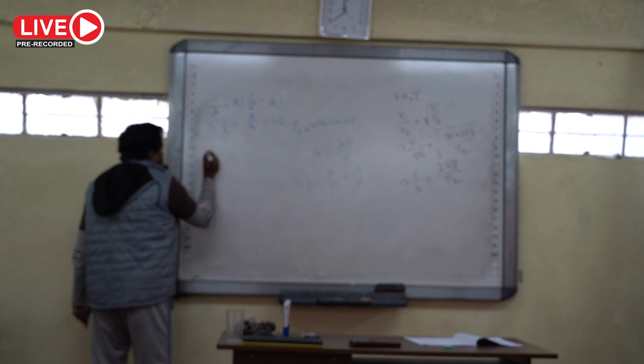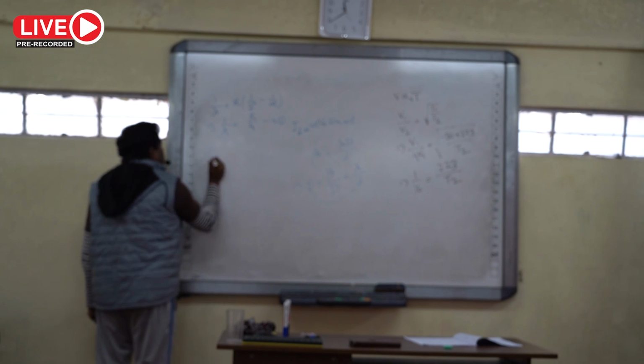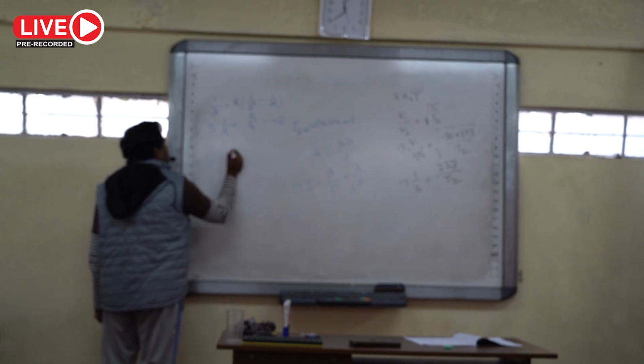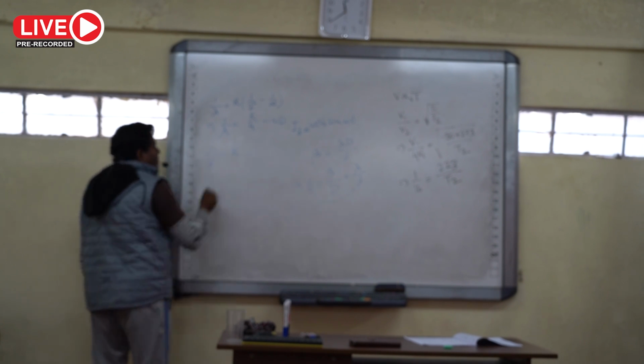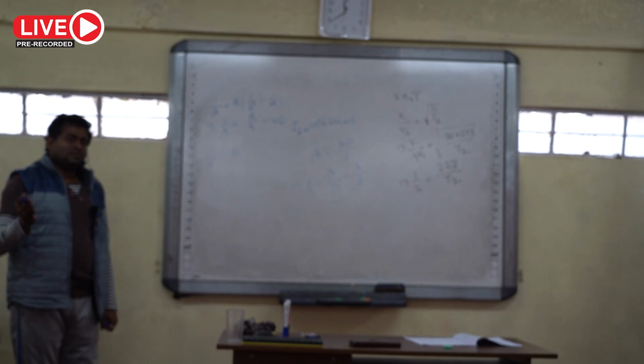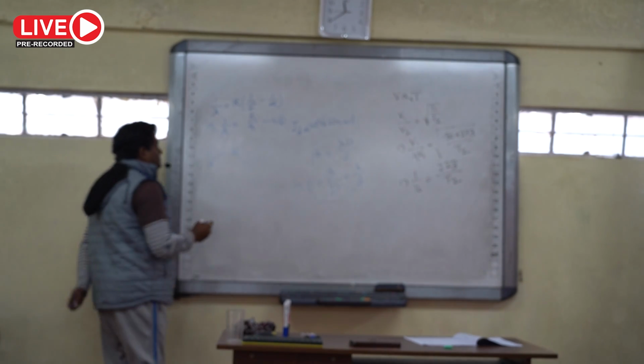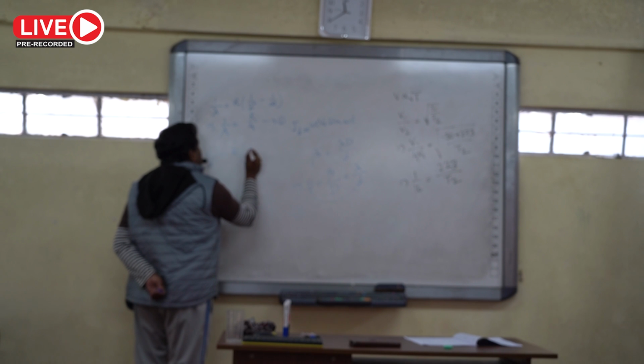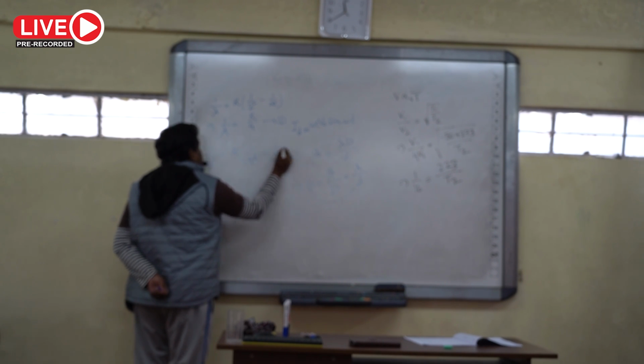For Brackett series, say 1 by lambda prime equals R, Z is again 1 for hydrogen. Brackett series starts from Lyman, Balmer, then Paschen, then Brackett, so it will be 4. So it will be 1 by 4 square minus 1 by infinity.